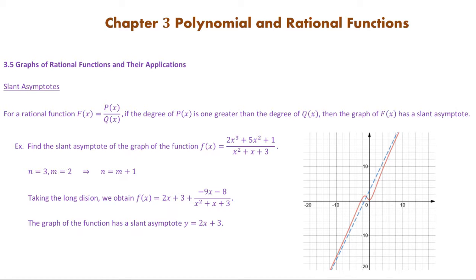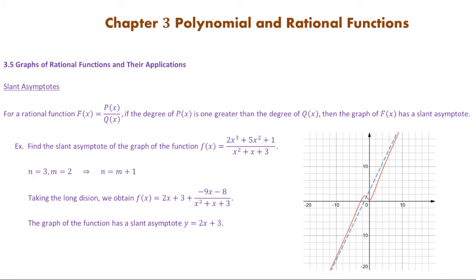So you need to look at the highest exponent on top and the highest exponent at the bottom. See if the difference is 1. If that's indeed the case, then you're going to get the slant asymptote.